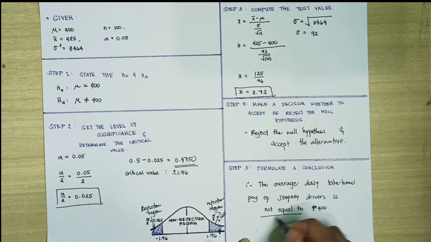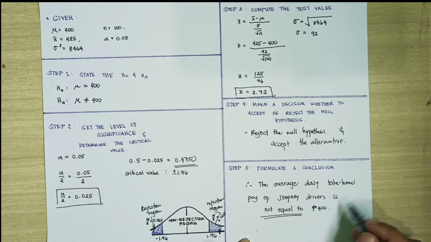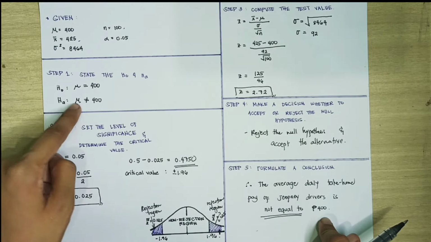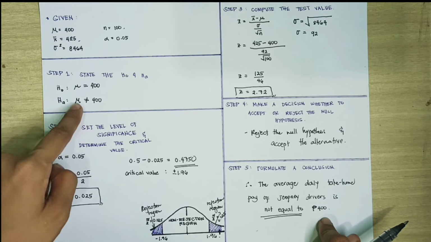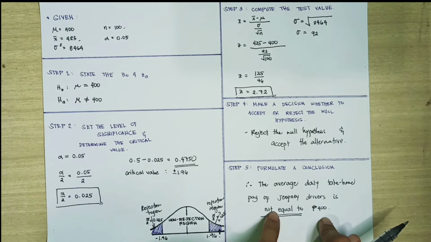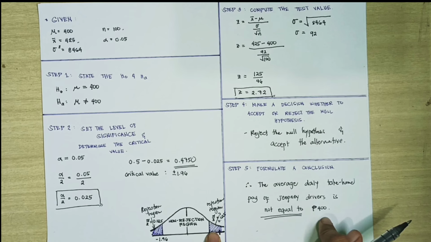Okay, so not equal to 400 pesos. So bakit po not equal? Reject the null, accept the alternative. Alternative natin, not equal to 400. So, not equal to 400. Nireject natin yung null kasi po, nag-fall under the rejection region. Okay? So, yun lang po.